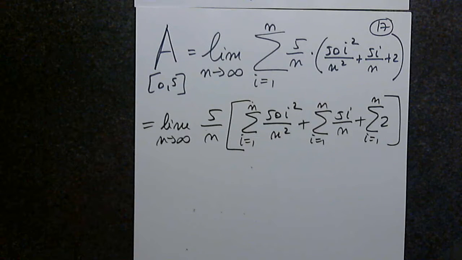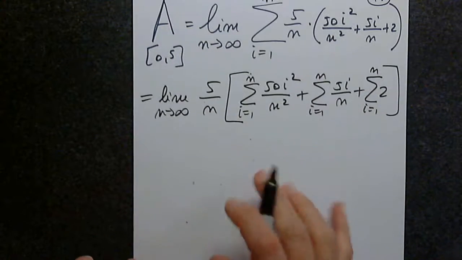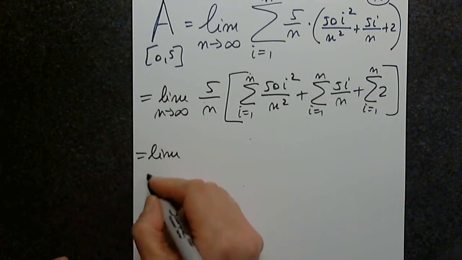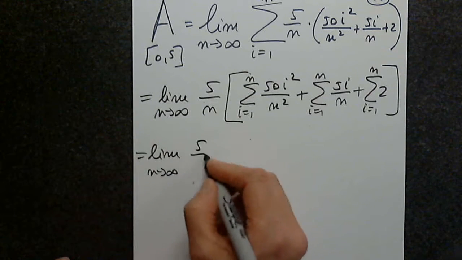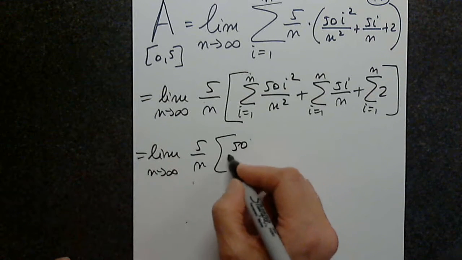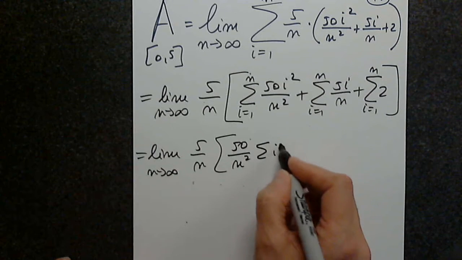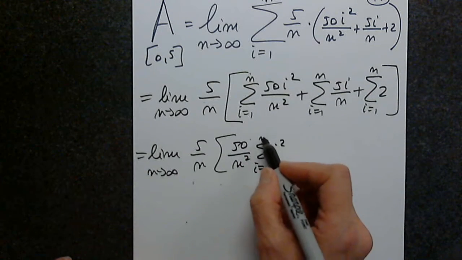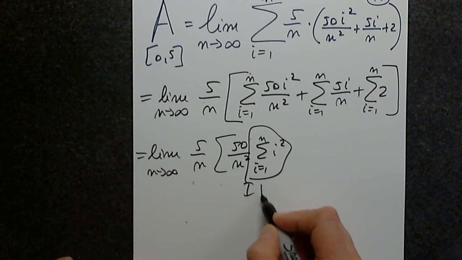Now, each individual piece has a constant. Can anyone give us the constant on the first summation notation that will go in front of that one? Of course, 50 over n squared. Excellent. So this is limit as n approaches infinity, 5 over n, 50 over n squared, the sum of i squared from i equals 1 through n. This I know.